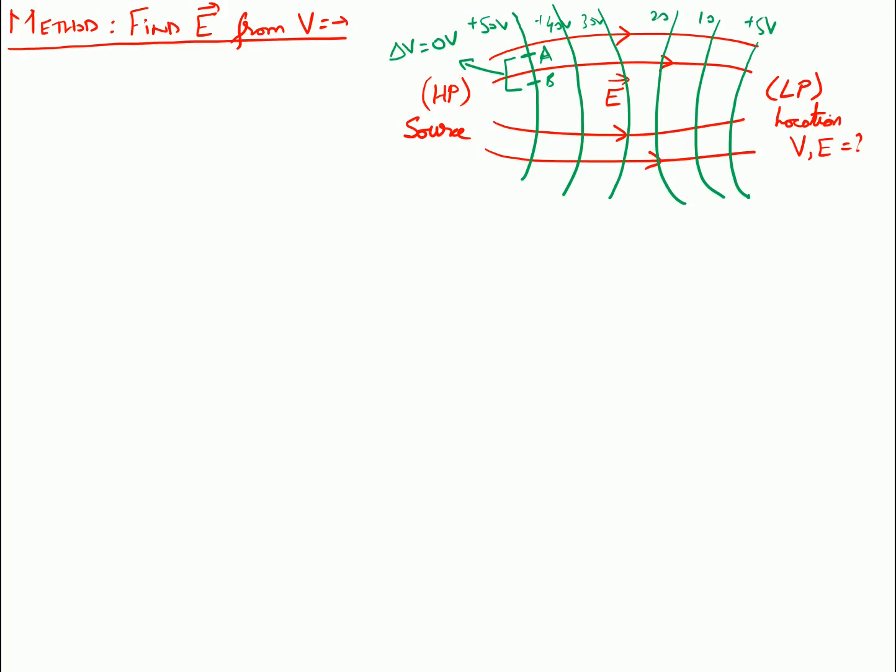Thus it describes the equipotential surface, and we can see that it has only a single voltage: 50 volts for the first one, 40 for the second, 30 for the next, and the last one has the lowest potential of plus 5 volts.